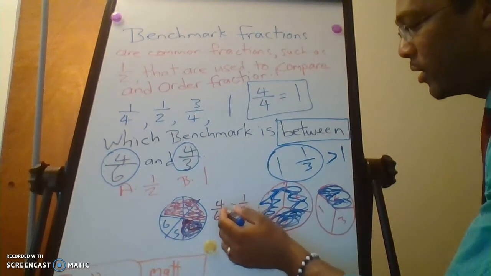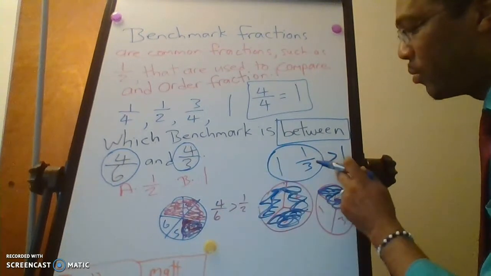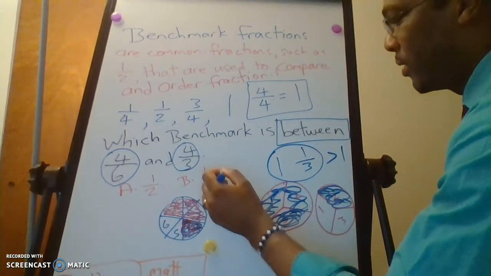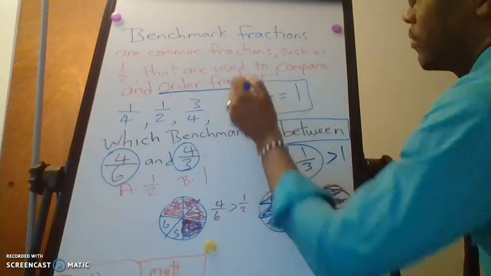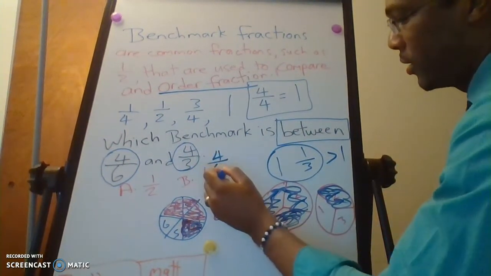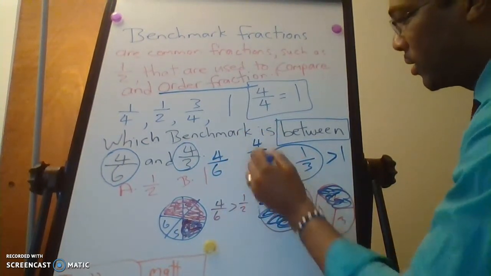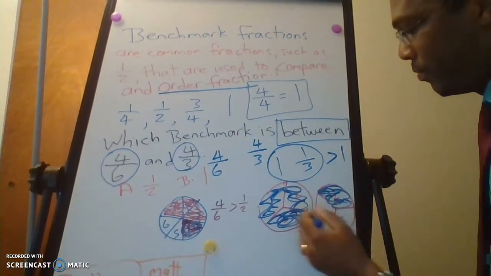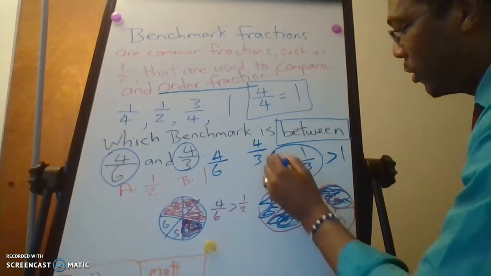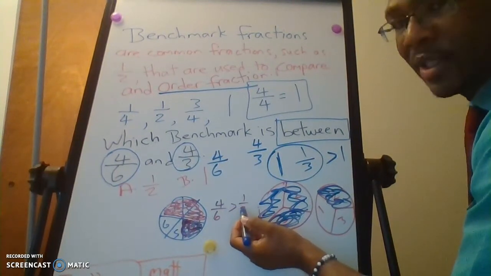So I know that 4 over 6 is more than a half, but it's less than 1, right? And 4 over 3 is more than 1. So between these two numbers, I already know that I can put them in order. Ordering fractions, that's what benchmarking does. I know this because of my model, my diagram. 4 over 6 is more than a half but less than 1, and 4 over 3 is more than 1.